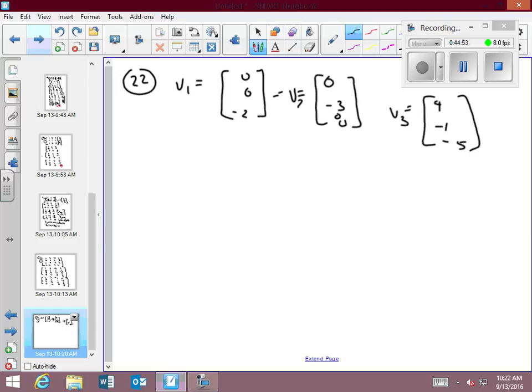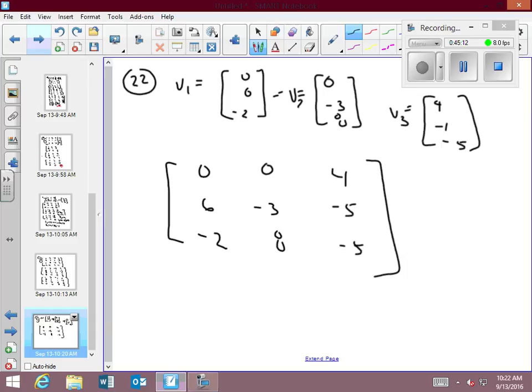So those are vectors, so we'll just write it in matrix form. Is that a 6 minus 2? And then we'll just check pivot points.